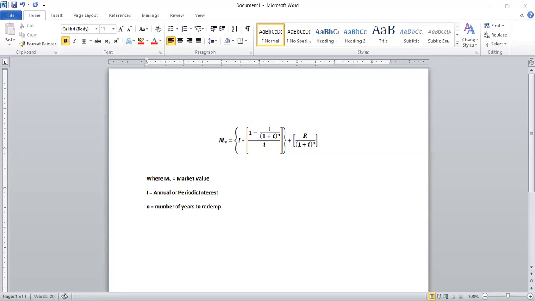Redemption will mean the day that they are going to pay back. Then our R is the redemption value, which is the amount at which the debentures will be repaid.